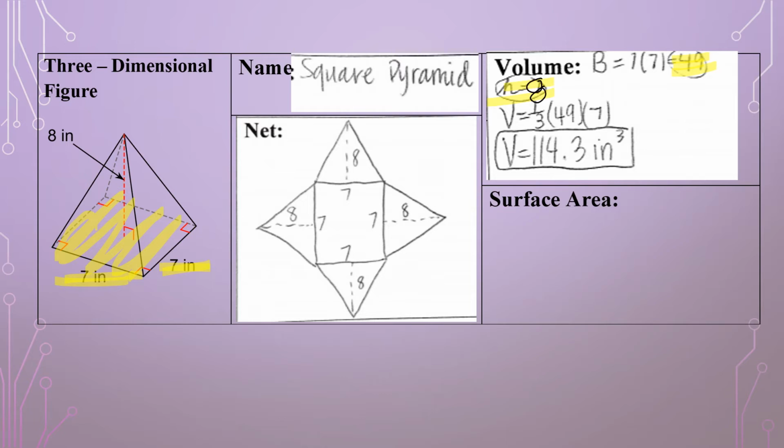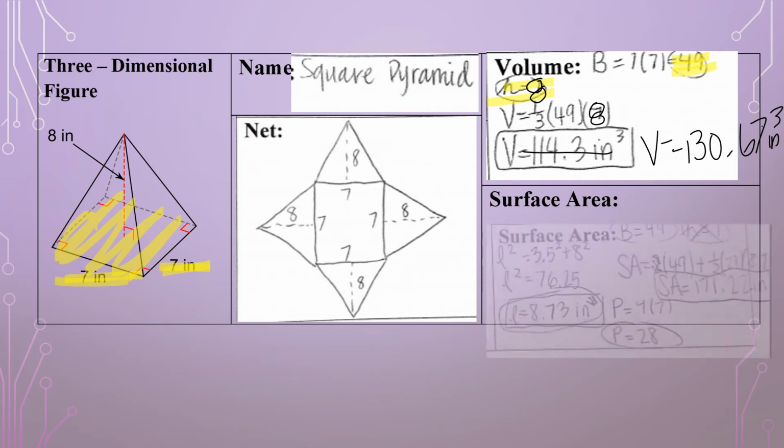So let me calculate this here quick. 1/3 times 49 times 8, you get, sorry guys, 130.67 inches cubed. I don't know where I got that 7 from, probably because it's late and I just missed it.